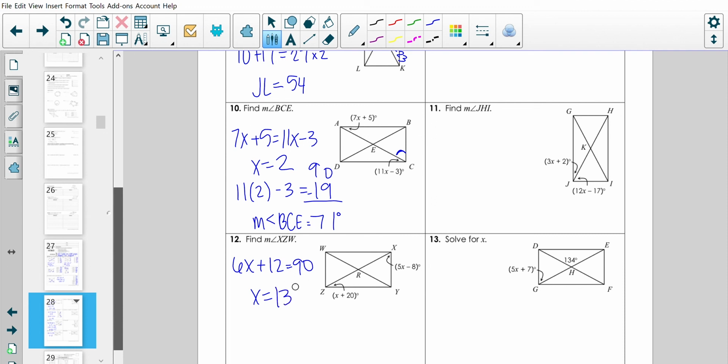I don't really need degrees yet. We want to find XZW. Which one of these is equal to XZW? The 5x minus 8. So 5 times 13 minus 8 gives me 57. So the measure of angle XZW is 57 degrees.